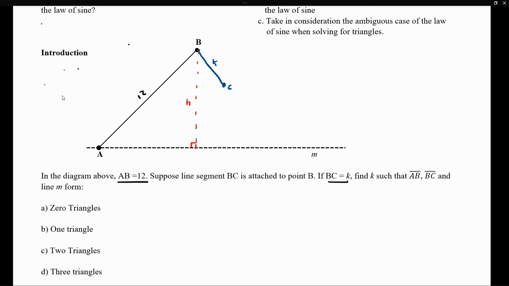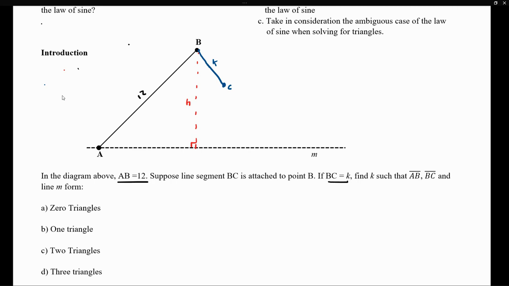So this will be the base, this will be the leg, and this will be the other leg, and we cannot complete this triangle here. So it is true that we have a third side, but notice that the side is shorter than the height, so therefore we cannot even close the figure and we cannot create a triangle. So we can have situations where we have no triangles whatsoever.